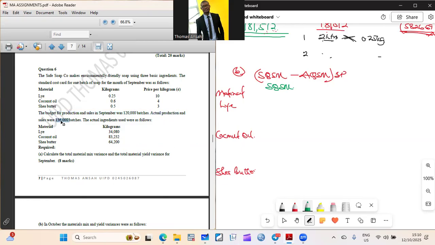So if you want to flex your quantity, you are going to take 0.25 over 1, multiply by 136,000. That part is giving you the standard quantity. That is that. All right.